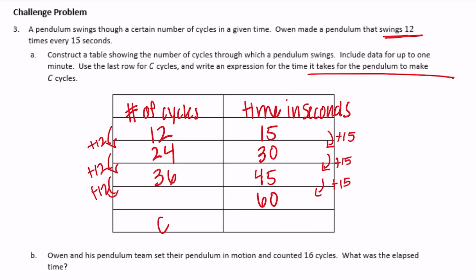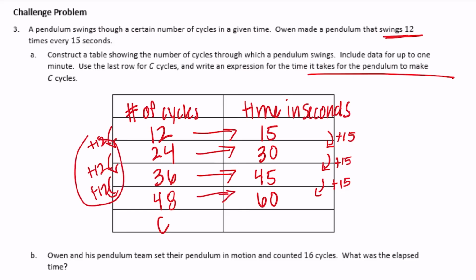So then for 60 seconds, this pendulum swings would be 48.